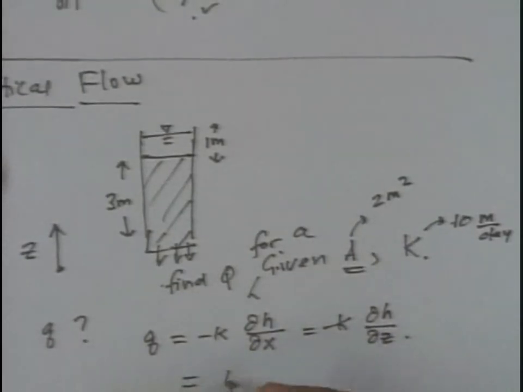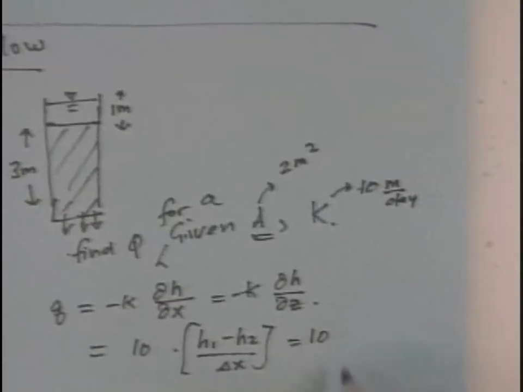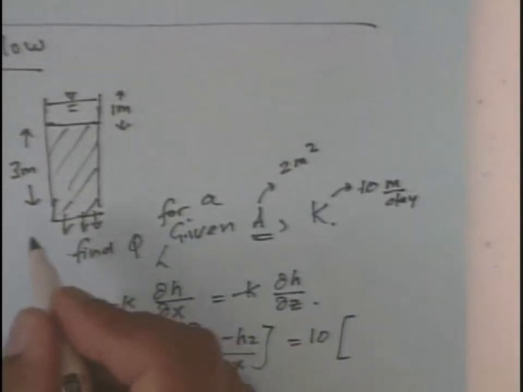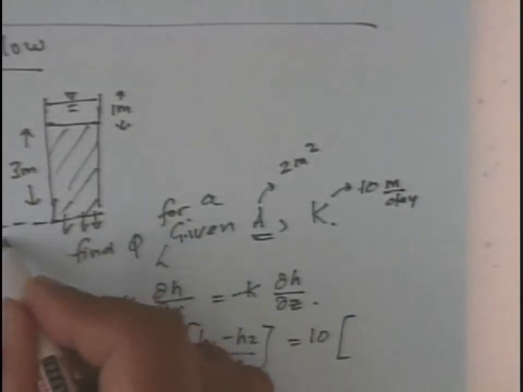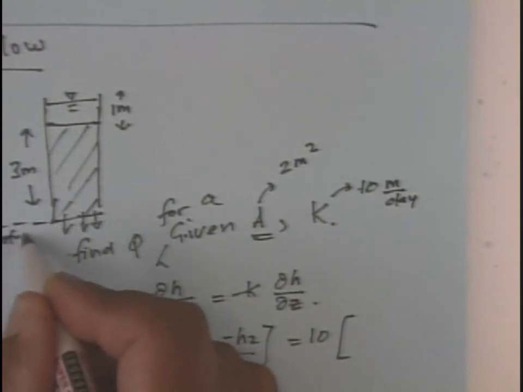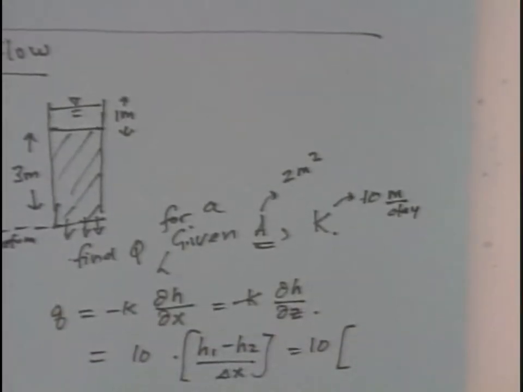K is given, 10, times H1 minus H2 divided by delta Z, which is equal to 10 times, what is H1? Let's assume this is the datum.